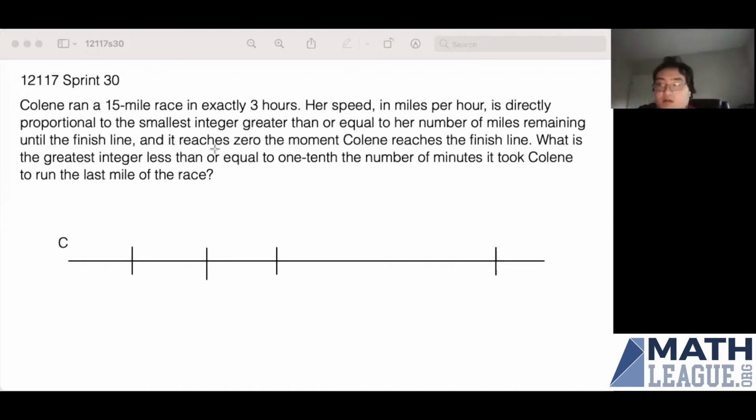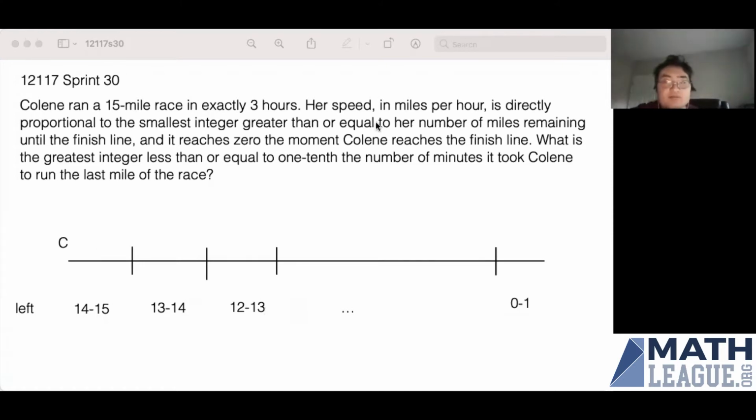And in the first mile, she has at least 14, but not quite 15 miles left. So let's put that as a label here: 14 to 15, 13 to 14, 12 to 13, yada, yada. All right, this is the last mile, so 0 to 1. So the floor of the number of miles left is 14.